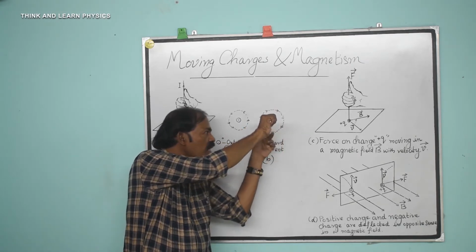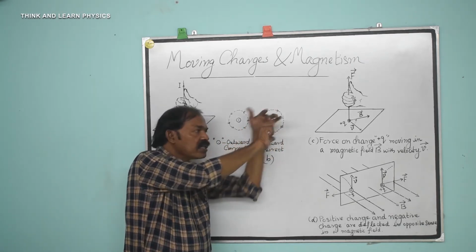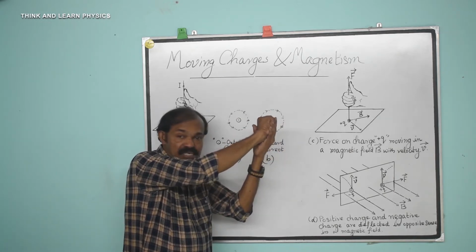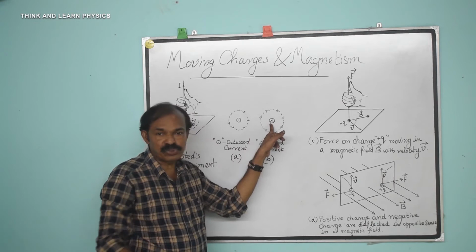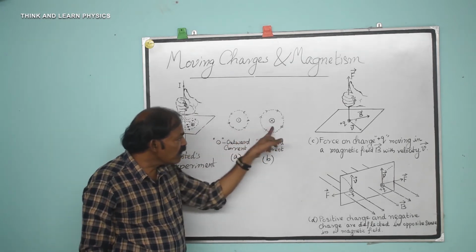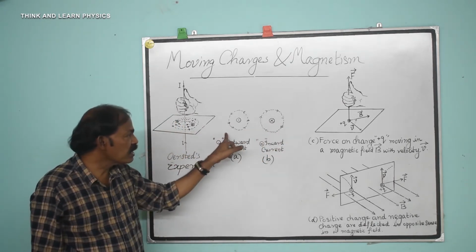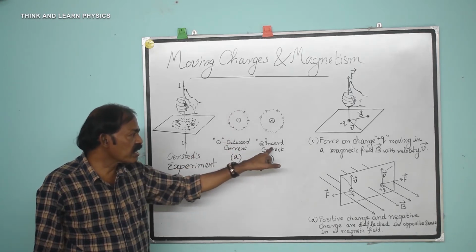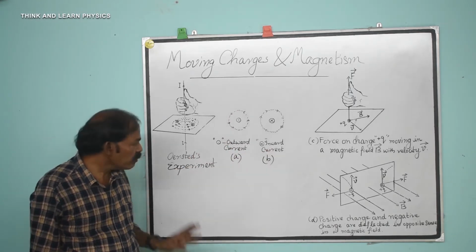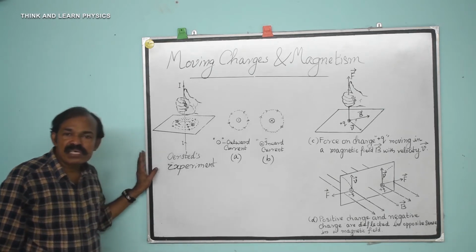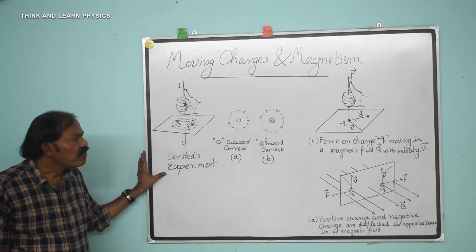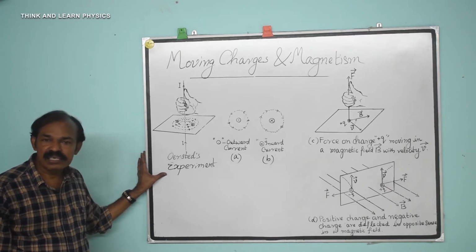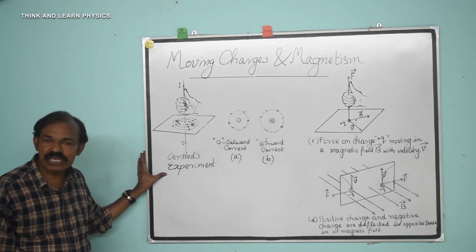The thumb shows the direction of the current and the curled fingers around the conductor give the direction of the magnetic field produced. So this is the way for representing the outward current and the magnetic field, and also the inward current and the magnetic field. Okay. Thus we see that when a current is passed through a conductor, a magnetic field will be produced around it.